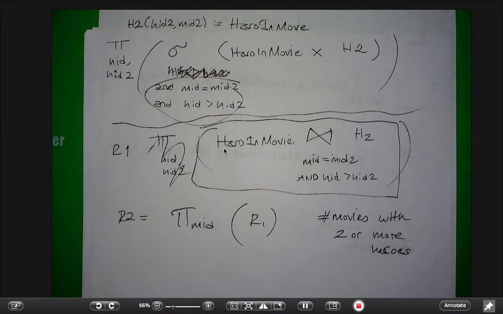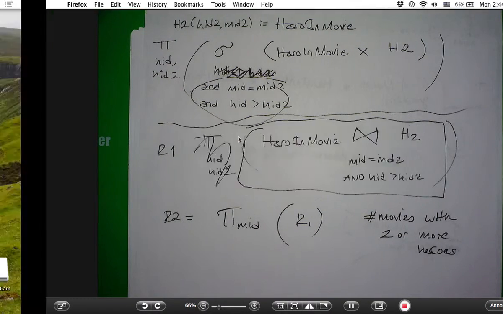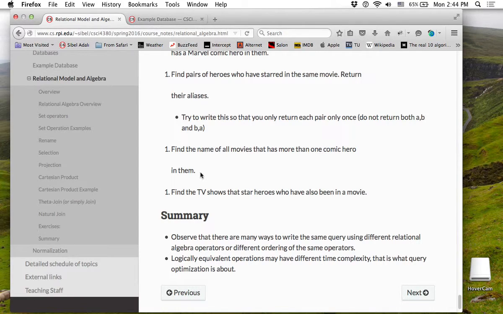How do I find movies with exactly one hero? Subtract that from all movies, right? So I have all movies. Should I take all movies from the movies database table or hero in movie? So this is the answer to this query. Now I'm getting more fancy. I want to find all movies that have exactly one hero.